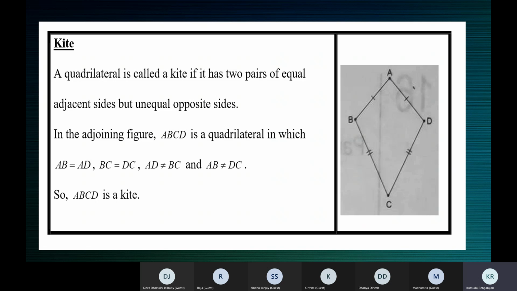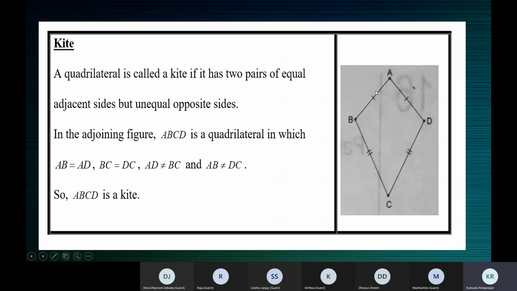Adjacent sides equal, meaning only two pairs of adjacent sides will be equal.